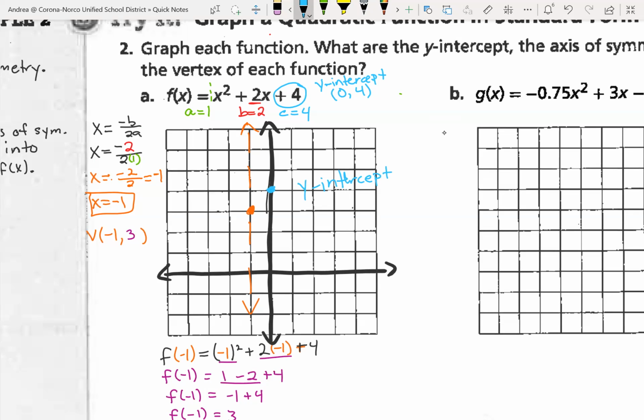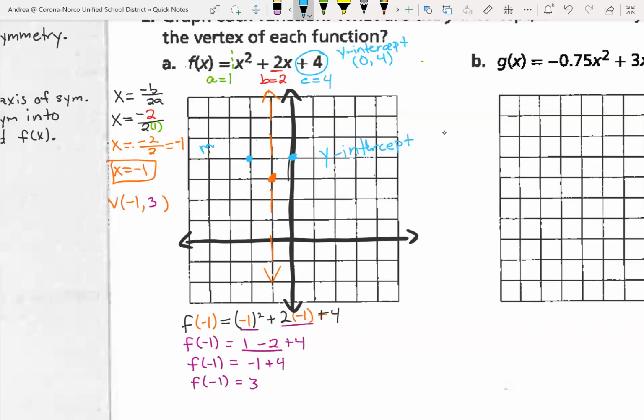Because I have the axis of symmetry, I can show the other point on the other side. Because I have the same point just on the other side of the axis of symmetry, which is right here. This is what we call the mirror image of the y-intercept. Okay. Since I have 3 points now, I can graph the parabola and show the width of it.